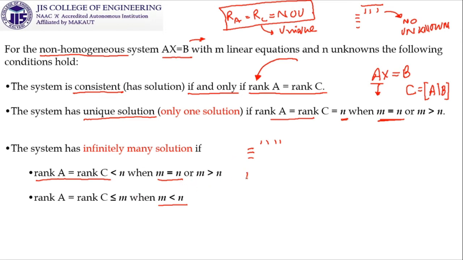Ultimately, if rank of A is equal to rank of C and is less than the number of unknowns, then only you can claim it is consistent, but the number of solutions is not one, it has infinitely many solutions.